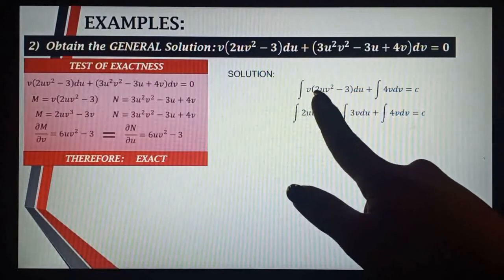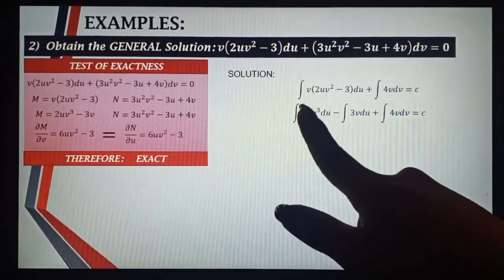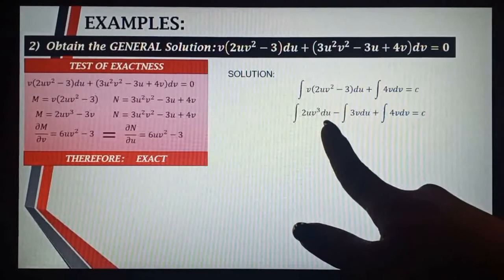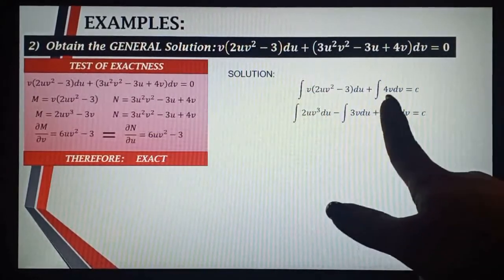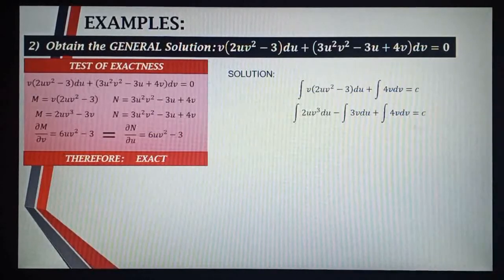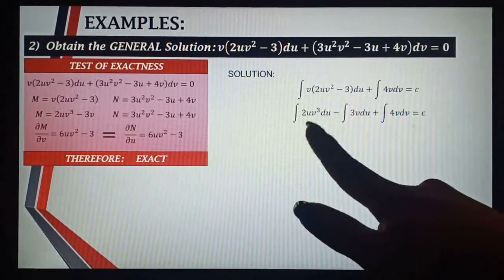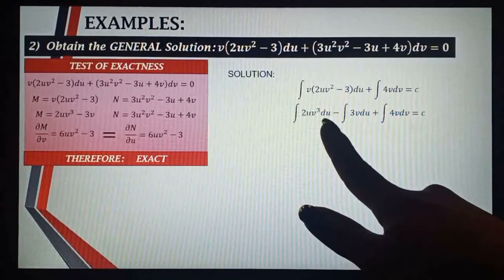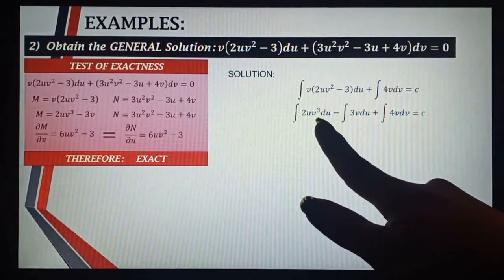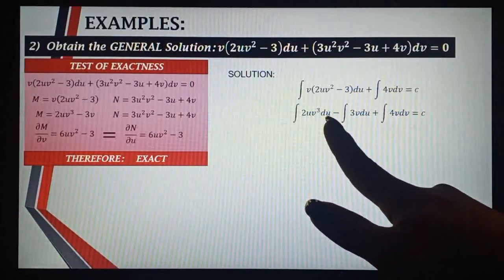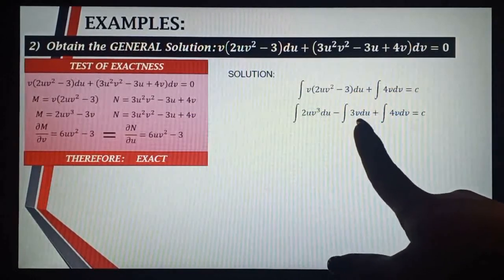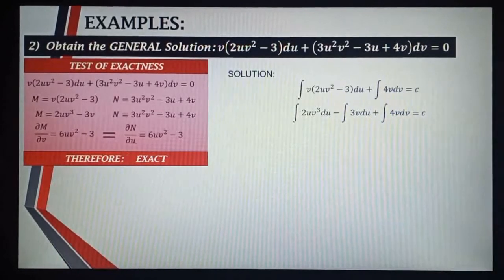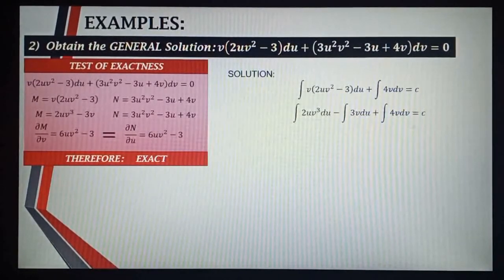So, we will have 2uv cubed that is multiplied to du minus 3v du plus 4v dv equated to c. Since this equation is du, lahat ng v na makikita mo dito ay considered to be constant. Since this is also du, lahat ng v na makikita mo dito is considered to be also constant.